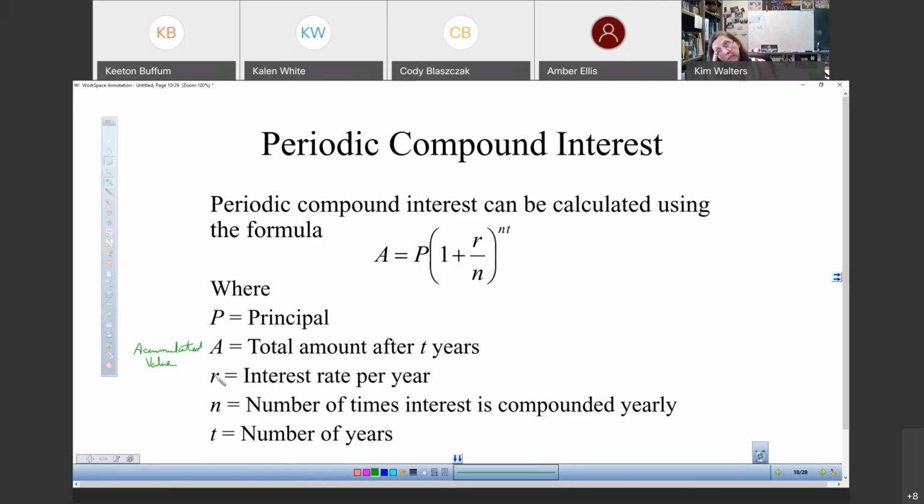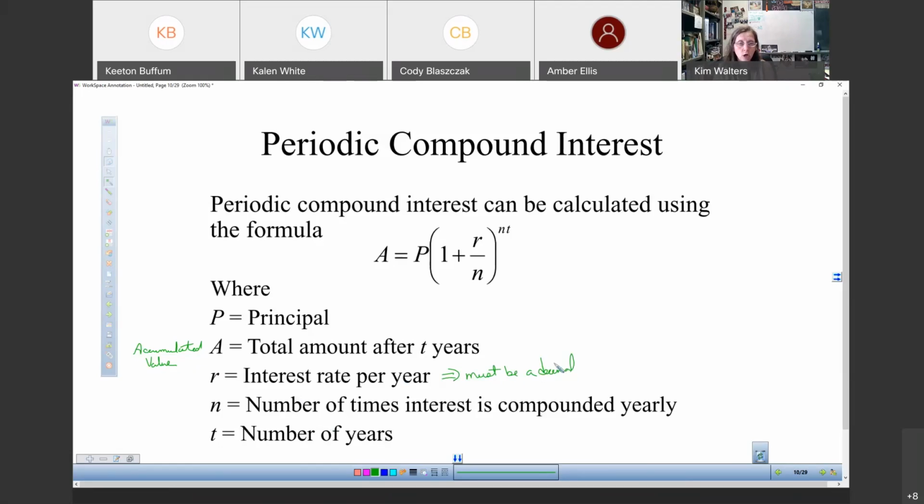T is time in years for interest. So if you're given 6 months, you have to write T as 1/2. Okay, I'm not going to do that to you on these, but I'm just letting you know. R is your interest rate, and you do have to use this as a decimal. So this must be a decimal.